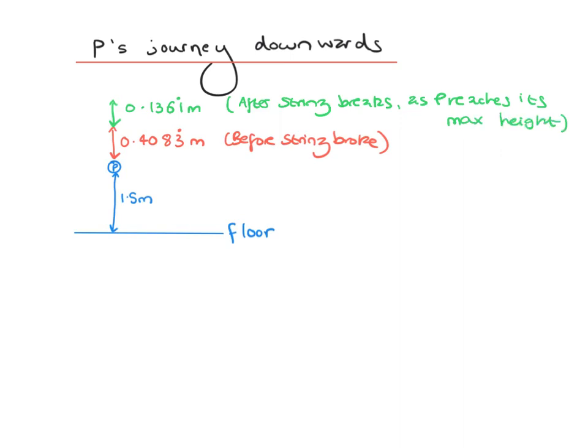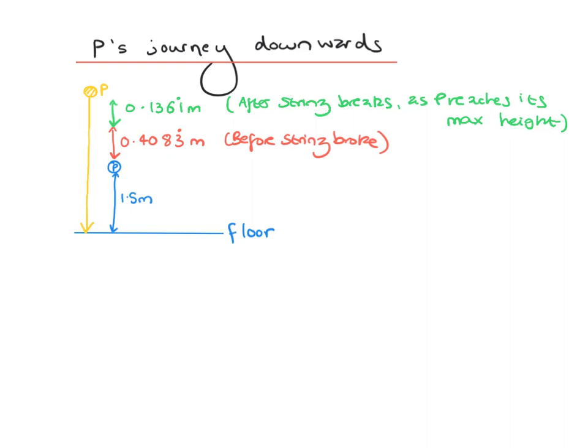The last part of the motion is going to be P on its downwards journey. So P travelling all the way down to the ground like that. And we now know the total distance that P would travel. So we need to work out the further time that elapses.